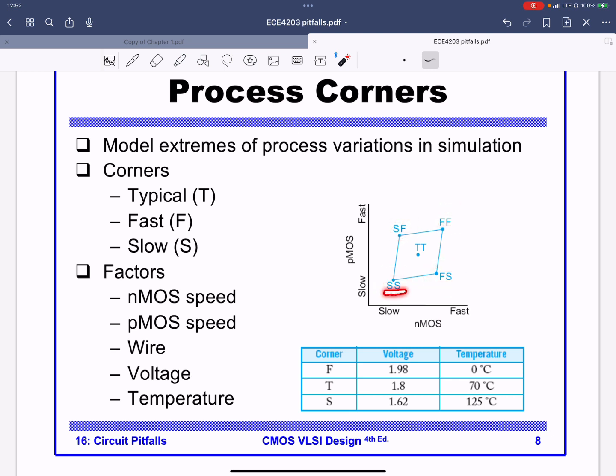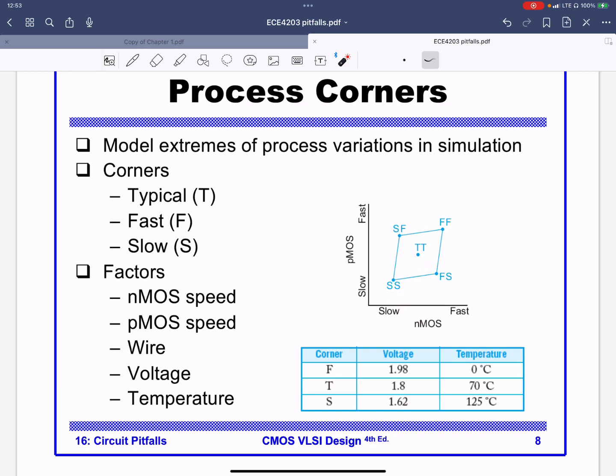So it could be that both the NMOS and PMOS FETs are running slow, or NMOS is running fast and PMOS is running slow, and you get the idea. And typical is what's in the center.